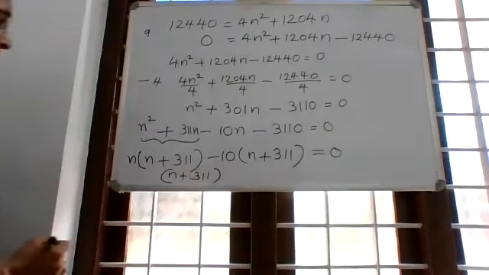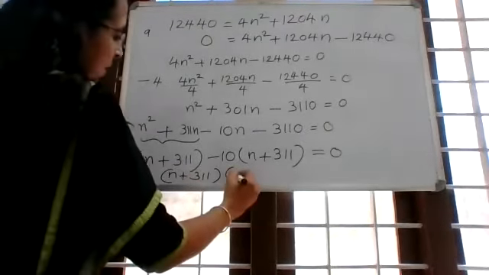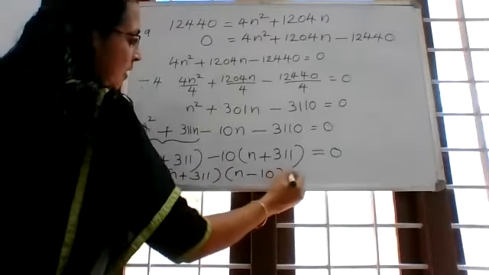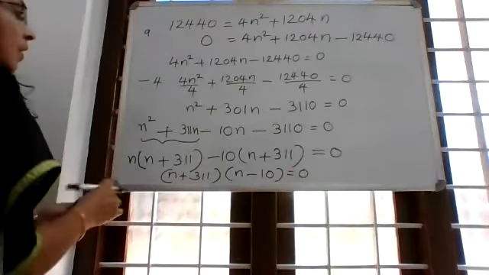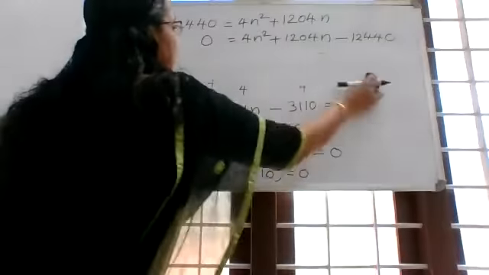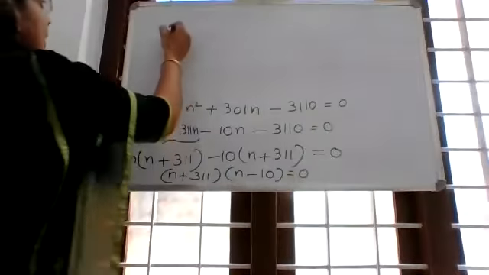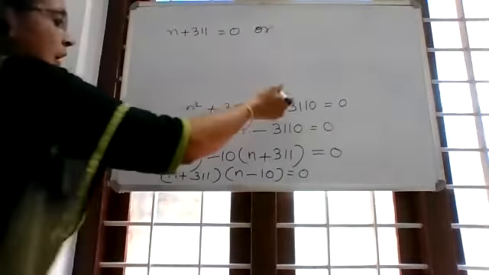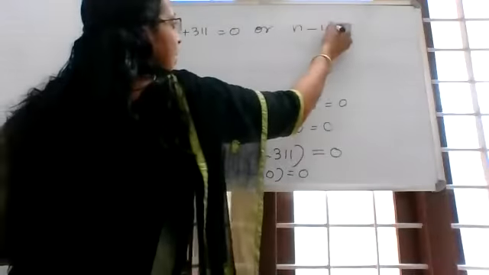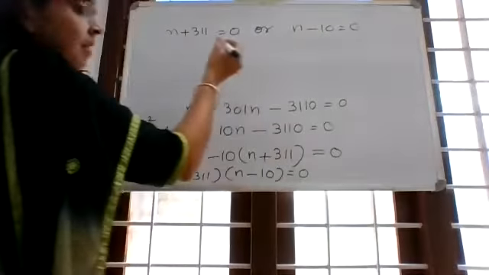Next, common n minus 10. n minus 10 is equal to 0. So, what will be the next? Two values are there. So, n plus 311 is equal to 0 or n minus 10 is equal to 0.